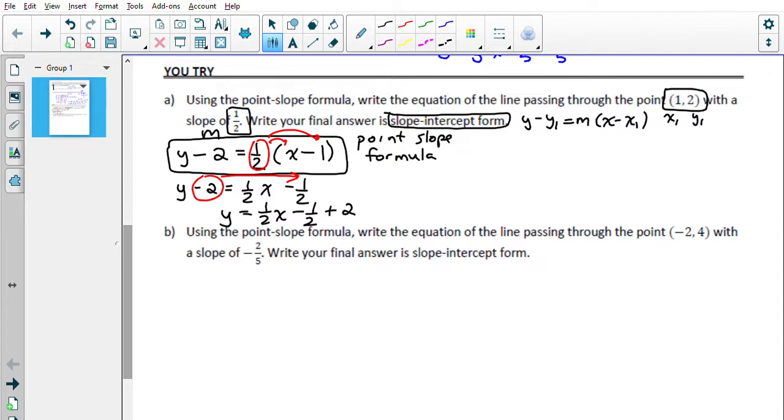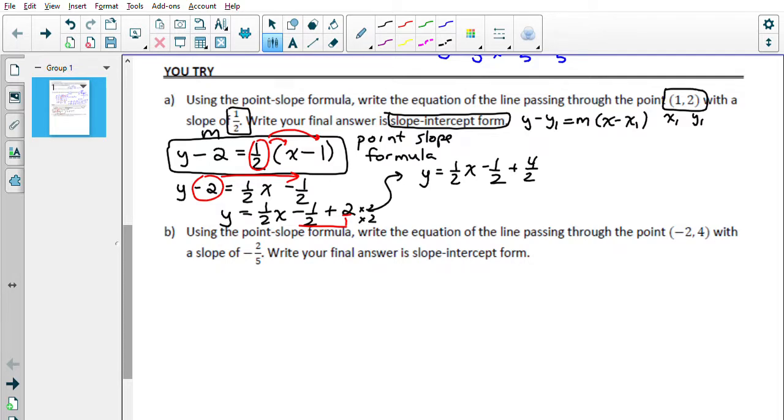Okay. The way you add fractions, you have to take those two and get them into a common denominator. This is currently 2/1. So your next step is to write y equals 1/2 x minus 1/2 plus 4/2. You multiply top and bottom by 2.